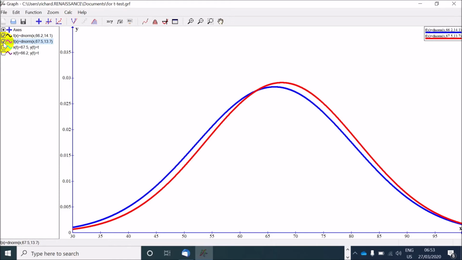So what I'm going to try to do here, I'm going to try to compare the 2 means. So this one here, that was 67.5, and this one here, 66.2. So can I use a test that tells me, nah, they are different, yes, or they might be different, or they are actually the same, statistically.